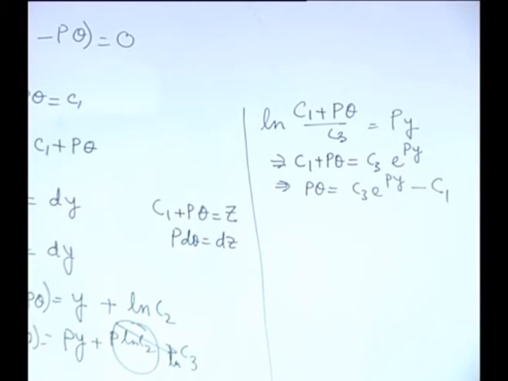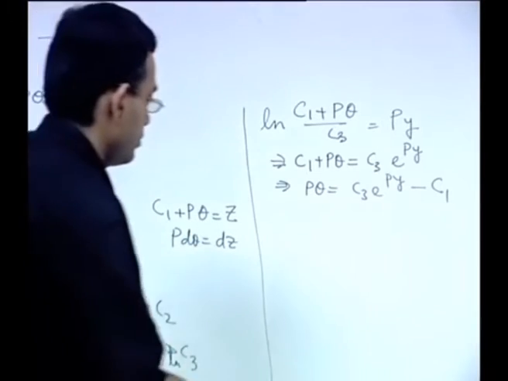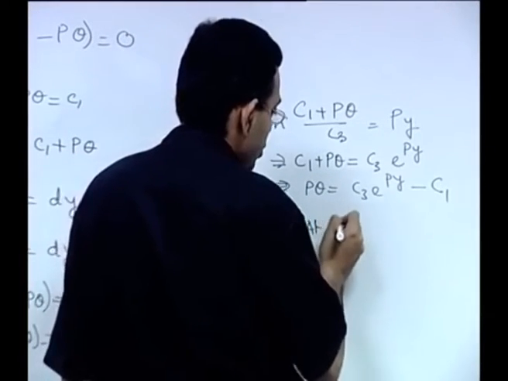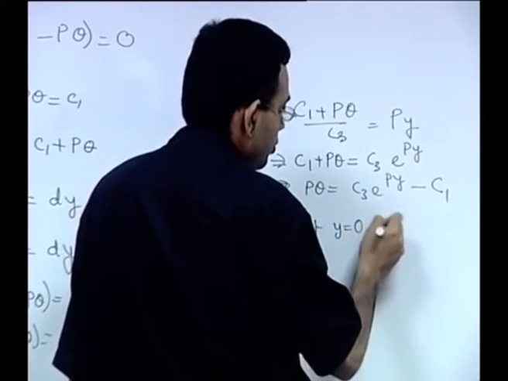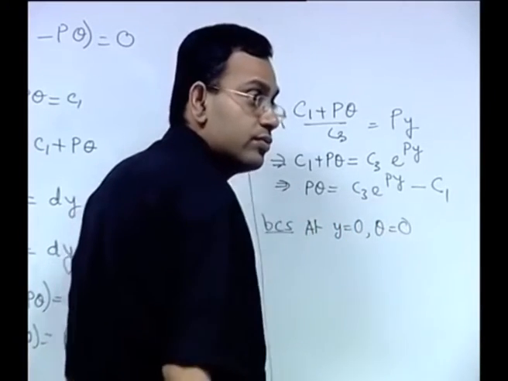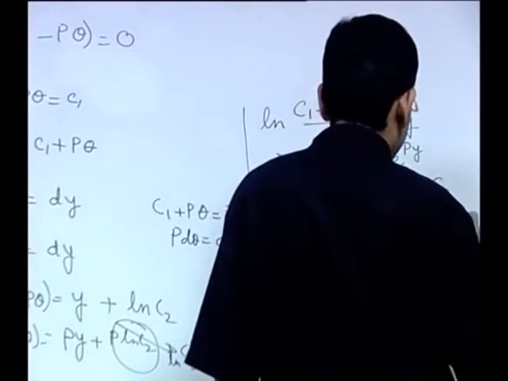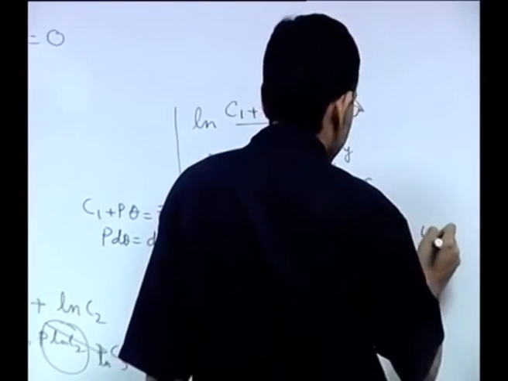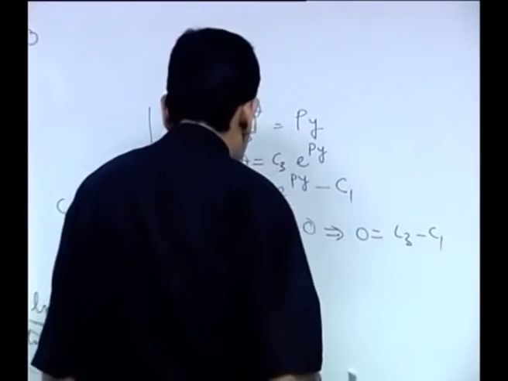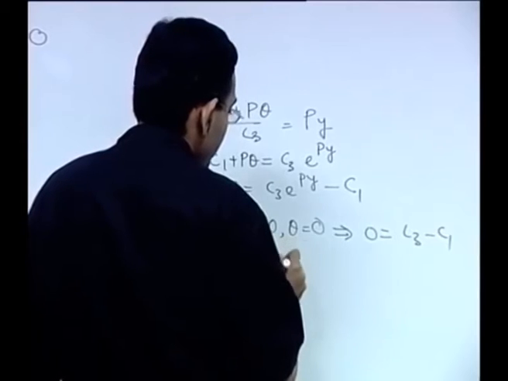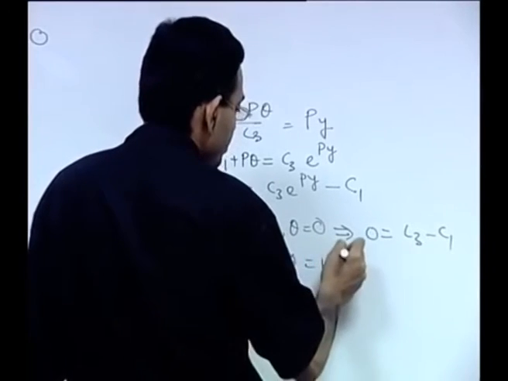What were the boundary conditions? At y equal to 0, theta equal to 0. So, from this boundary condition you get 0 is equal to C3 minus C1, and at y equal to 1, theta equal to 1.